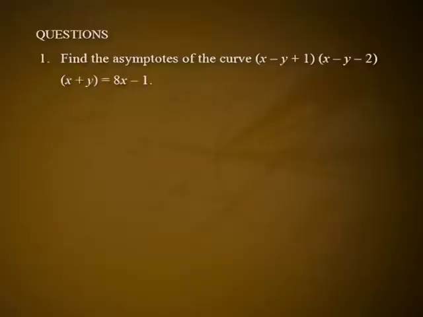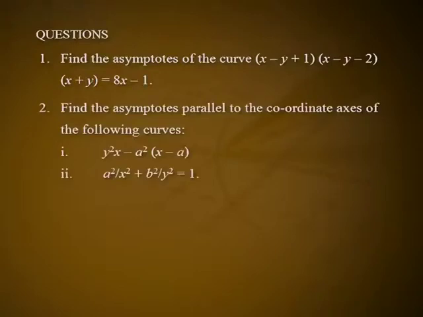Now, you may try to answer the following questions. Find the asymptotes of the curve (x minus y plus 1) into (x minus y minus 2) into (x plus y) is equal to 8x minus 1. Second one, find the asymptotes parallel to the coordinate axes of the following curves. 1. y square (x minus a) is equal to x square (x minus a), and 2. a square by x square plus b square by y square is equal to 1.